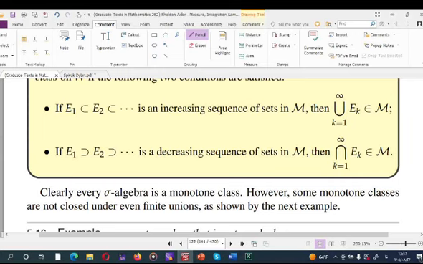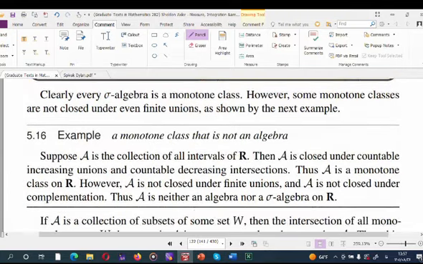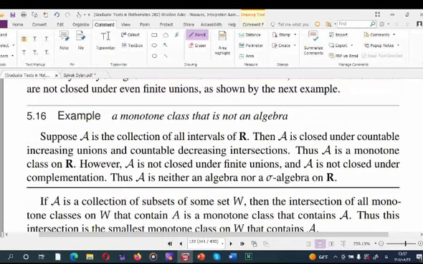However, some monotone classes are not closed under even finite union, as shown by the next example. Example: a monotone class that is not an algebra. Suppose A is the collection of all intervals in R. Then A is closed under countable increasing union and countable decreasing intersection, so that A is a monotone class.